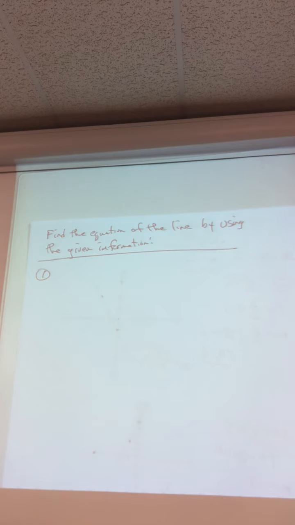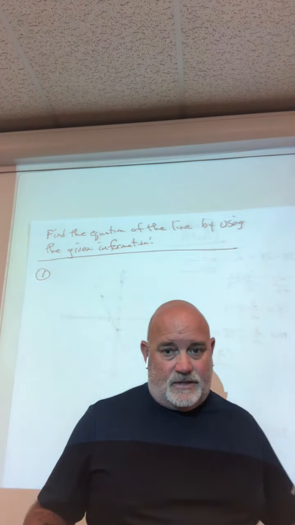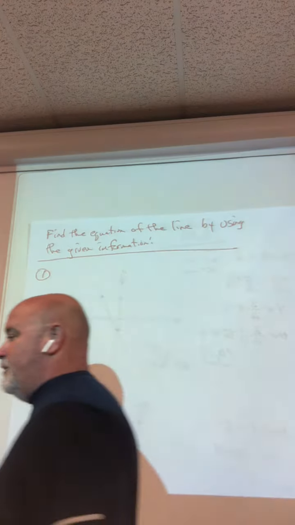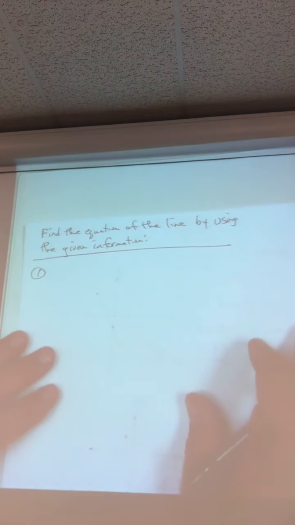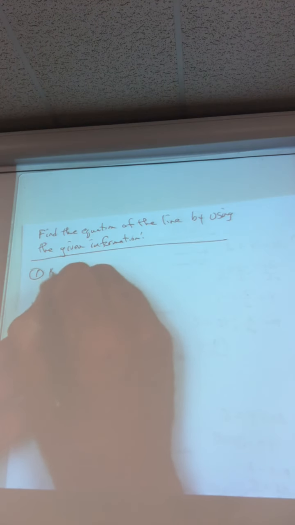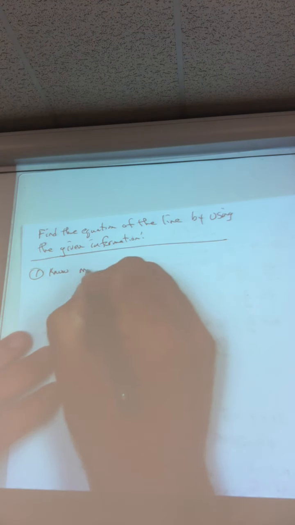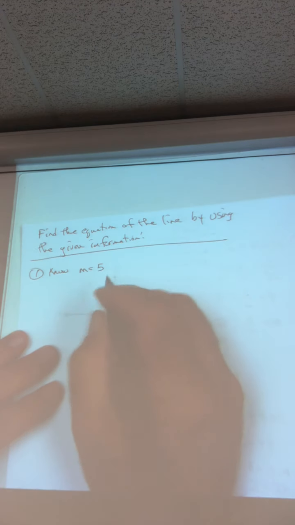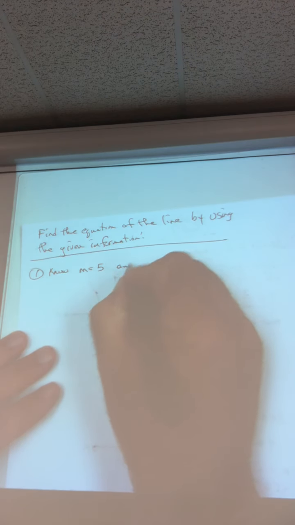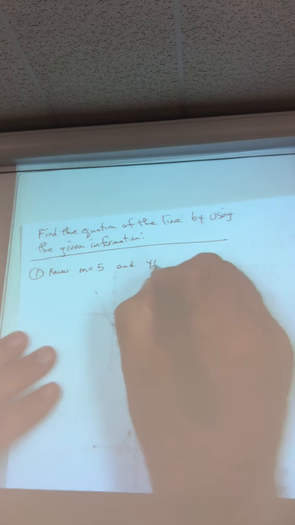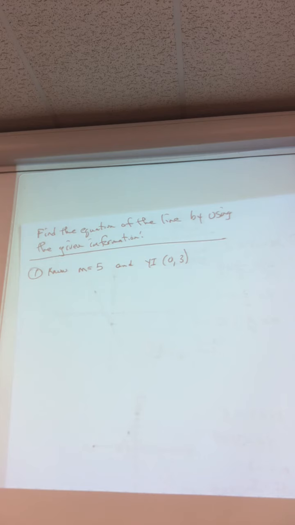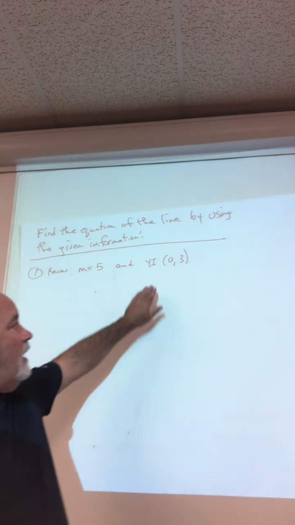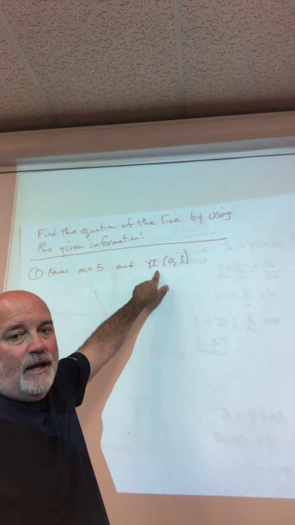Now, these first couple, again, are incredibly easy, but let's do them anyway. Okay, number one. Suppose we know that the slope is 5 and the y-intercept is (0, 3). Now, I don't have to tell you that this is the y-intercept.